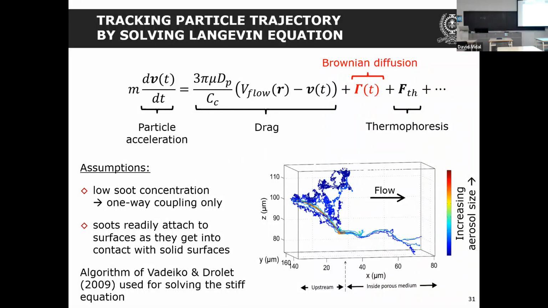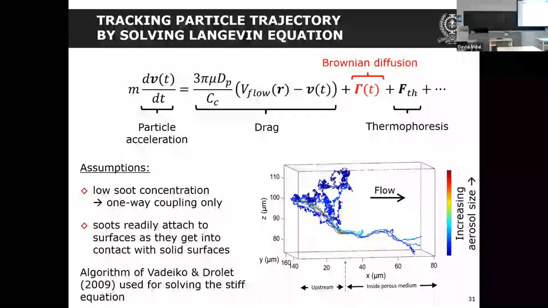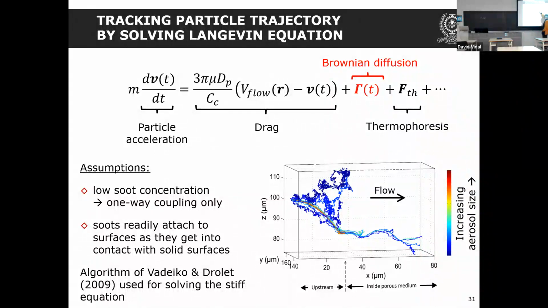So we launch eventually 100,000 soot particles. We calculate the trajectories, and when those soot particles hit a wall, they are supposed to be captured by electrostatic forces. They are influenced by the drag, but also by Brownian diffusion, and the Brownian diffusion term is the stochastic term.